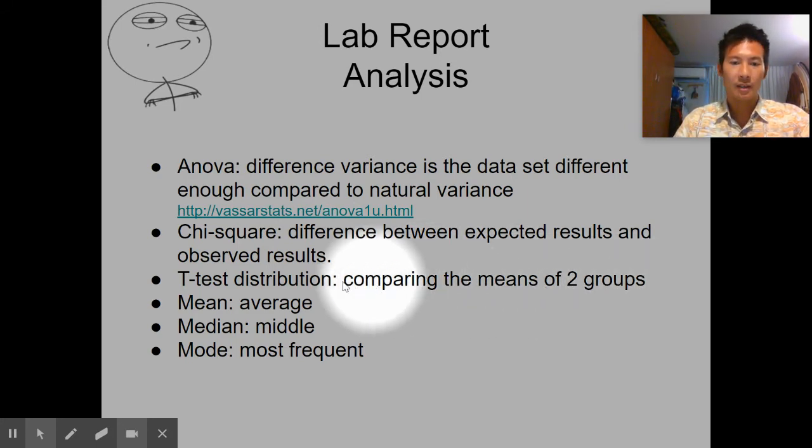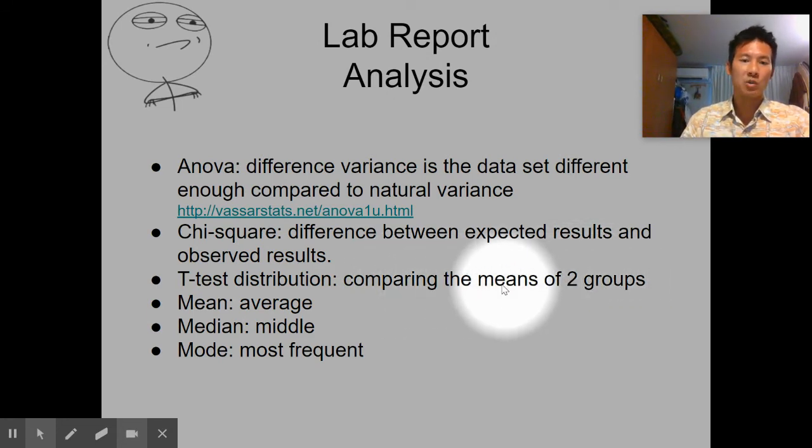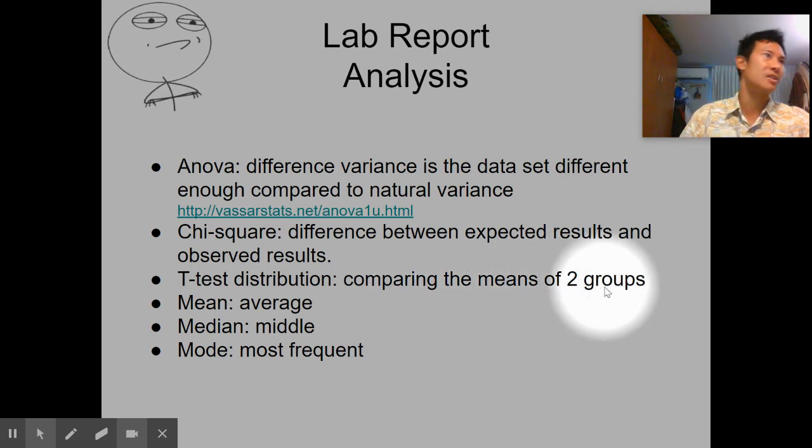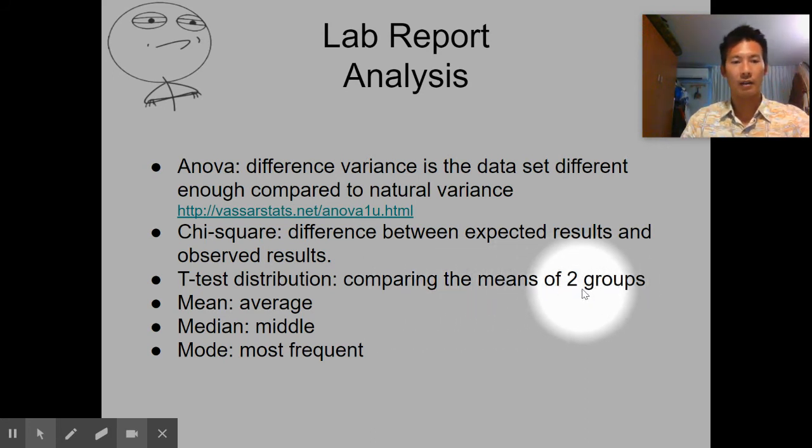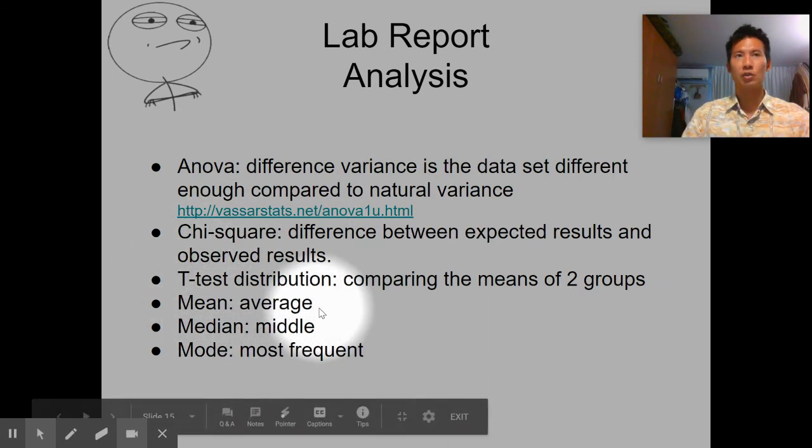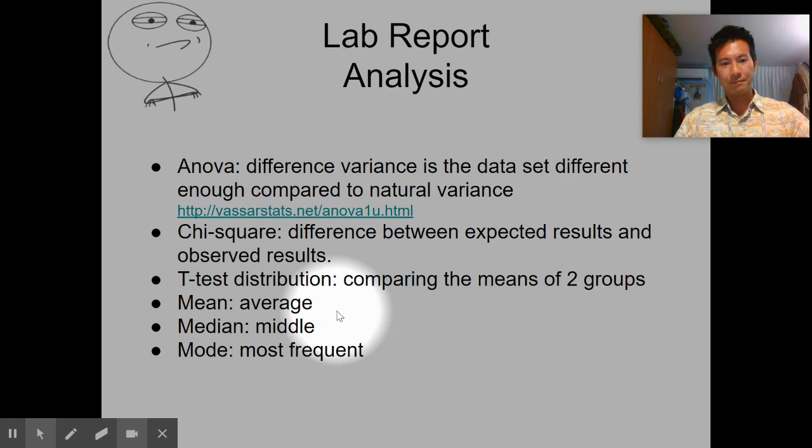If it's the same, that would be the null, and then the alternate would be something like the sucrose solution is different from the sodium chloride solution. So you would compare the means and make sure you set up your hypothesis the same way. As for the mean, median, and mode, I don't think I need to go over those with you. You should be pretty good at that.